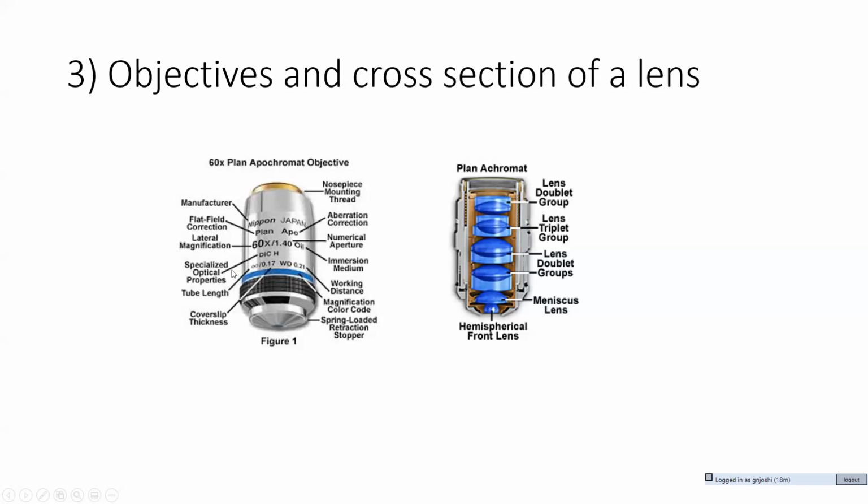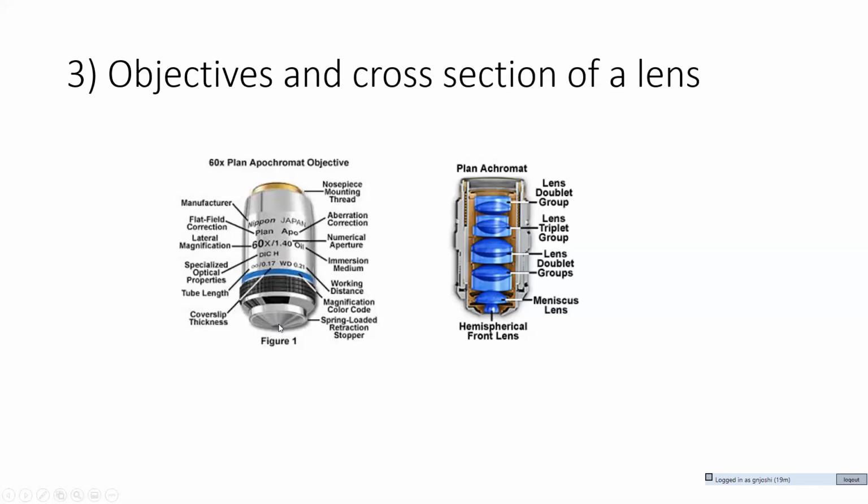If we look at any objective, you will get a bunch of information: whether it's corrected for flat field, which means plan, or APO, which means it's corrected for a bunch of aberrations; what the magnification is; what the numerical aperture is; what the working distance is; and what cover slip thickness you can use it for.